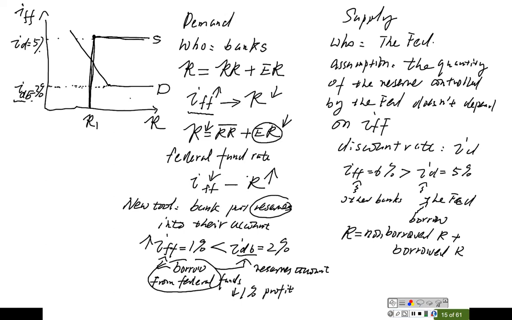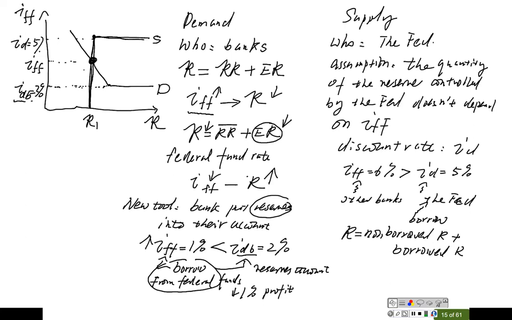So using the demand and the supply curve of the reserve, we can find the equilibrium point in the market. It's the intersection of these two curves, and using this intersection, we can determine the equilibrium federal funds rate. So please keep in mind the unique shape of the supply and the demand curve for the reserve, and how the reserve market works.